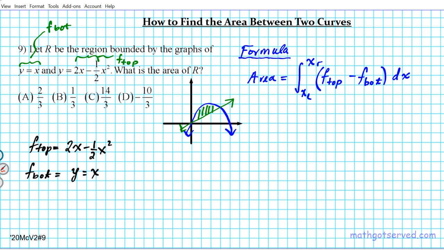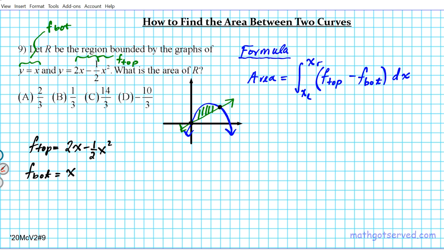There's another way that you can verify this. I'll show you in a second. So in order for us to be sure that the quadratic is on top, we want to look at the value of each function within the interval where they bound the region. So in order to do that, we need to figure out our x left and our x right. These are points of intersection.